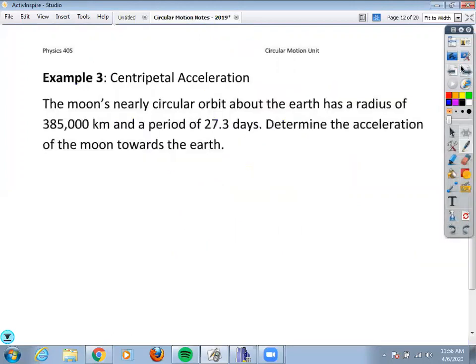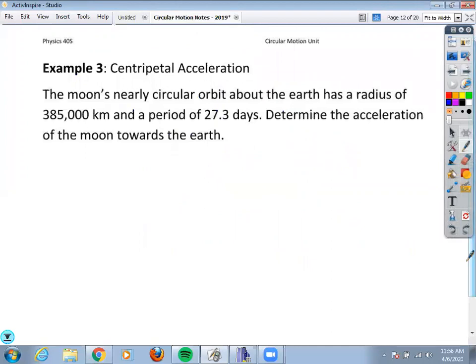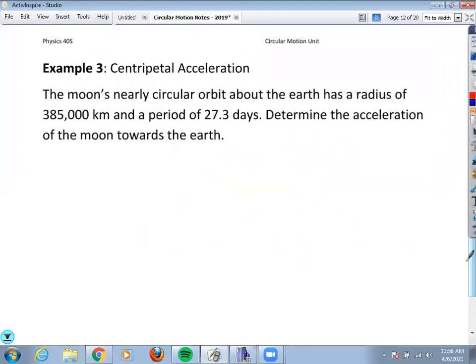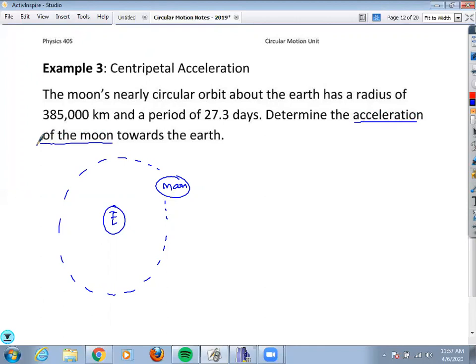So example 3 is just a unit conversion example. A real life example here, the moon. The Earth is here and the moon, not to scale, literally orbits the Earth in a pretty much circular path. So we're going to calculate the acceleration of the moon towards the Earth.